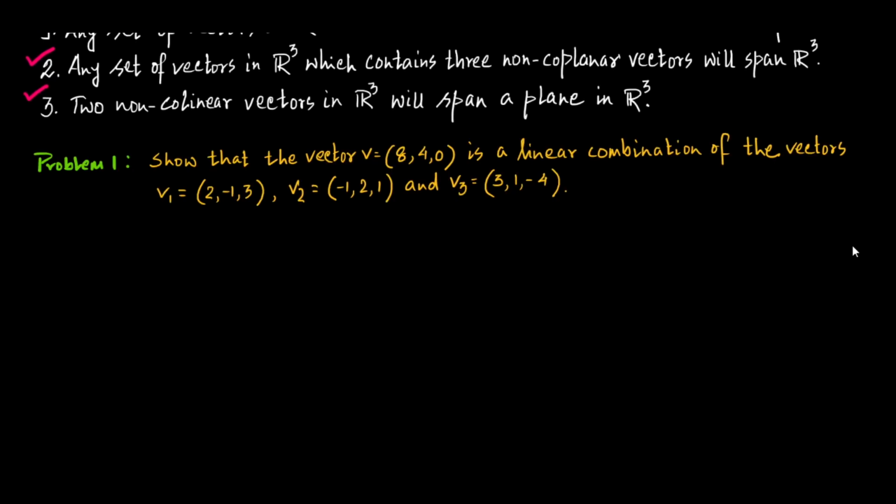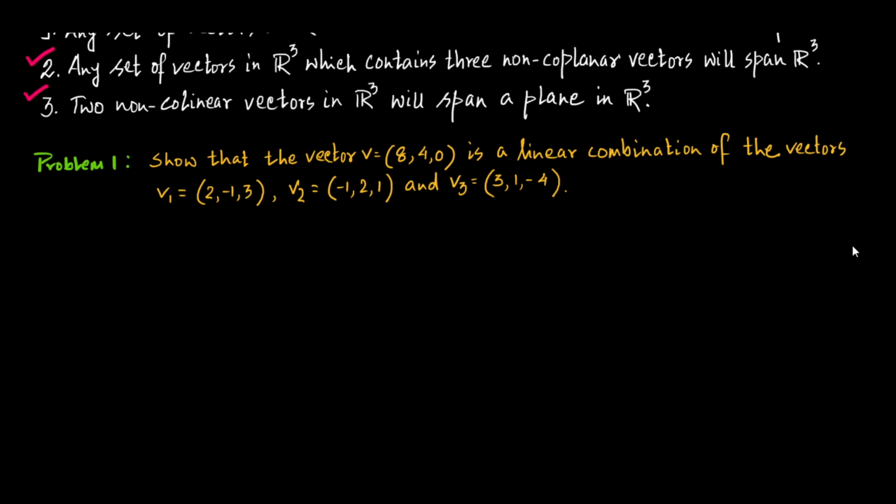The first one is, show that the vector v equal to (8, 4, 0) is a linear combination of the vectors v1 equal to (2, -1, 3), v2 equal to (-1, 2, 1), and v3 equal to (3, 1, -4).